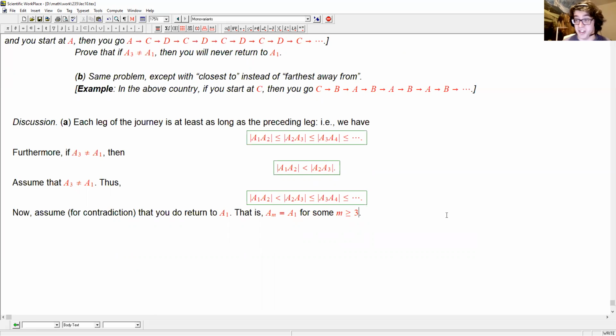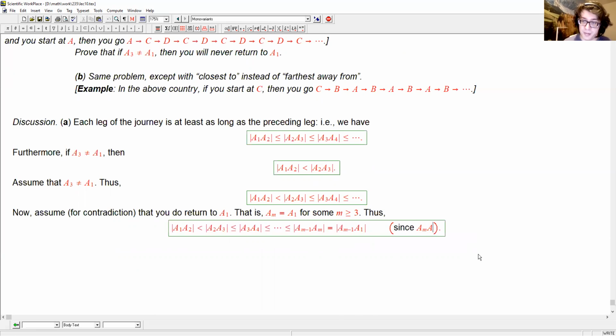So M at least 3. Therefore, we can take this chain of inequalities and break it up at AM. And this is, of course, AM minus 1, A1, because AM is A1. And you can even rewrite it like this, A1, AM minus 1. Distances are symmetric.